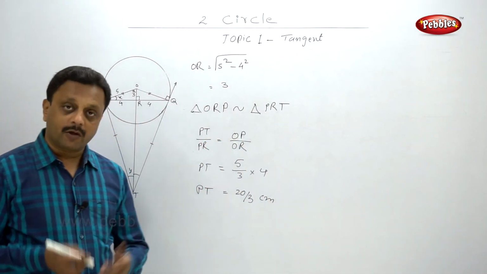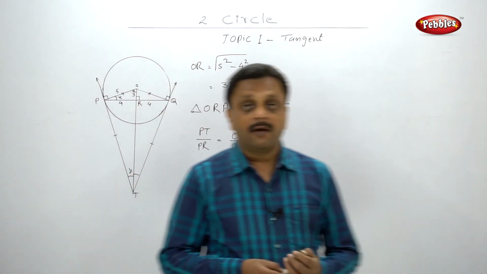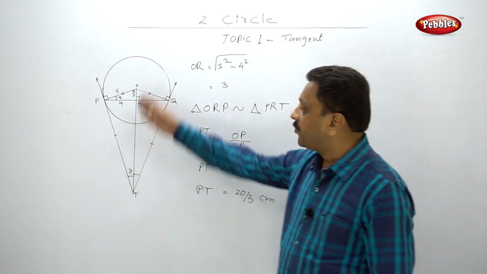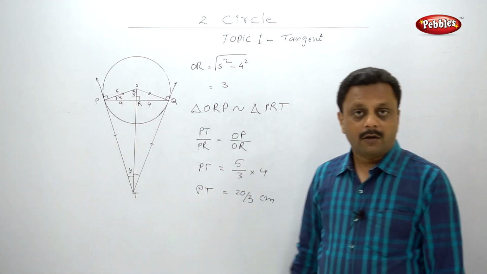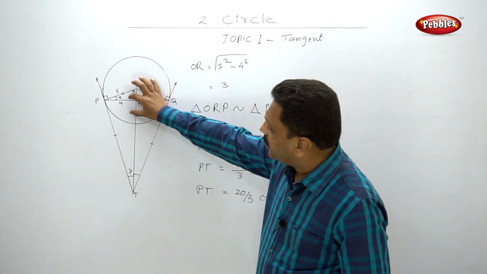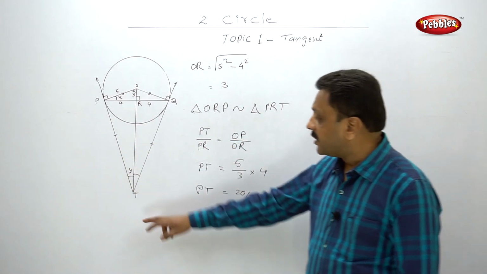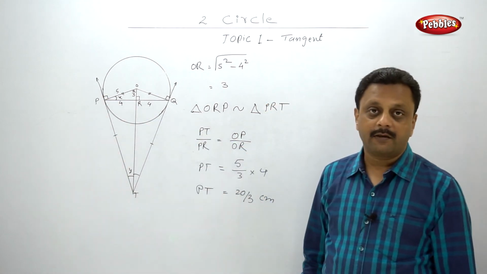Okay. First of all, understand what we want to find out and understand how can we find out that. That means in this figure only these two dimensions were given. So I say if I can prove these two triangles similar, then I can easily find out the ratio, and by ratio I can find out the PT.